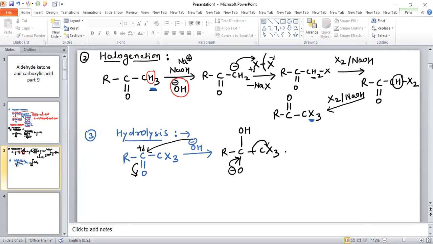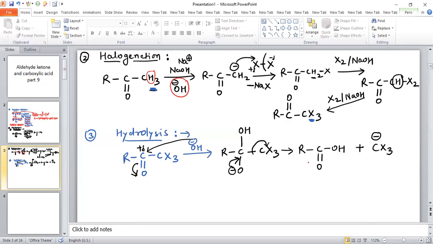Now see what happens. This will convert into R, C double bond O and OH, and the OH group is there. And when this leaving group is removed, it will be in the form of CX3 minus.